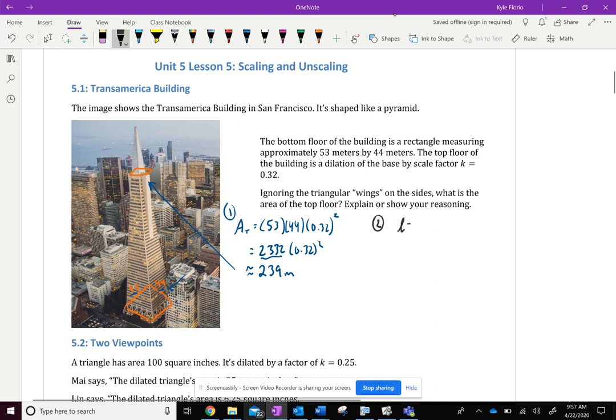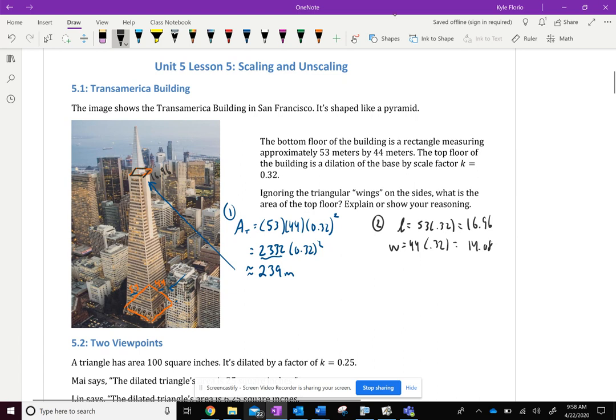The original length is 53, and that got hit by a scale factor of 0.32, so the length is really just 16.96. The width would be 44 times the scale factor, which is about 14.08.